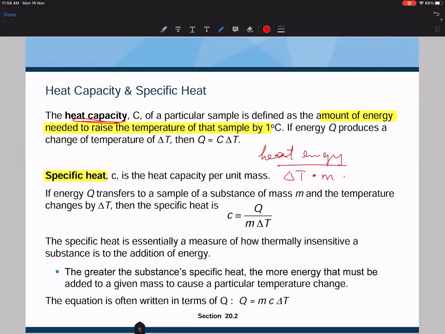So instead of just trying to observe a particular system and raise the temperature by 1 degree C, you divide by its own mass.